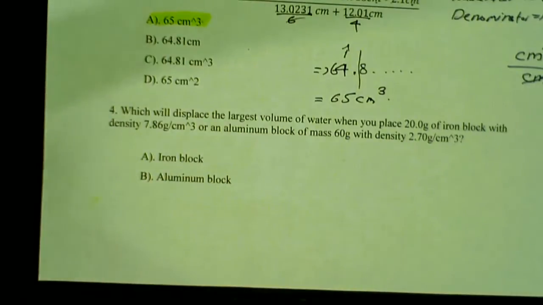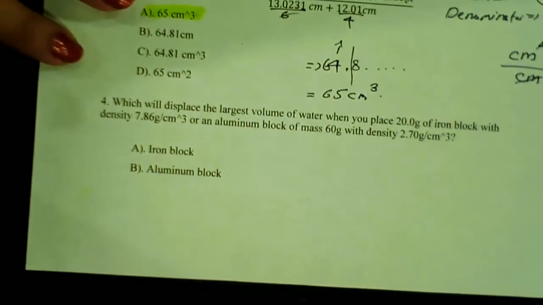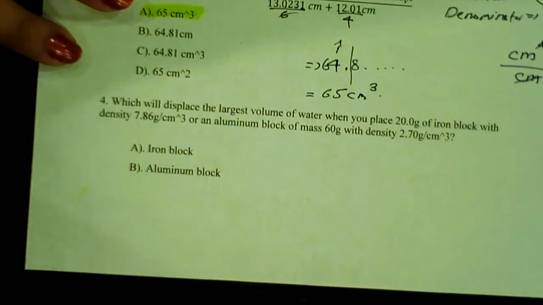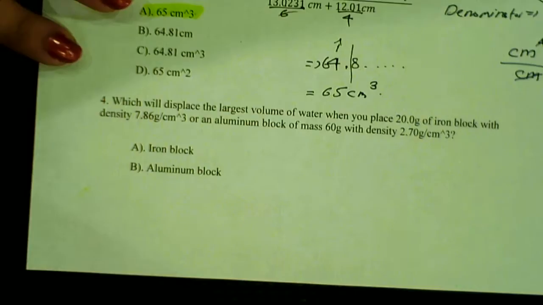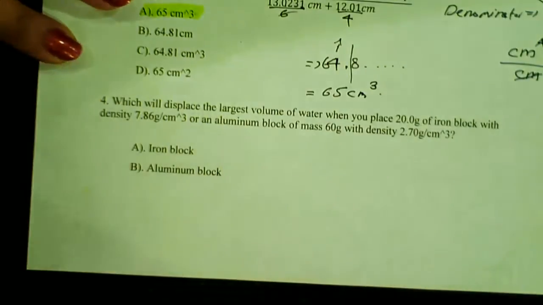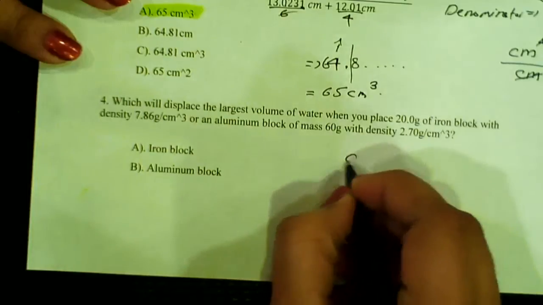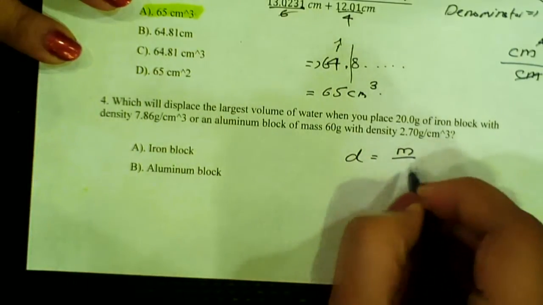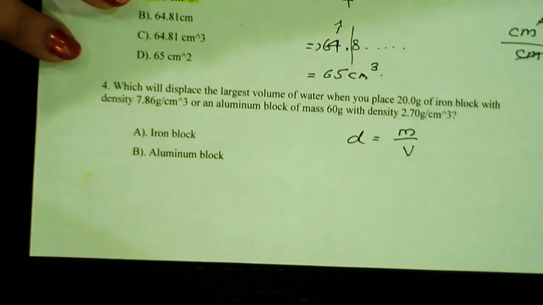So the next question: which will displace the largest volume of water when you place a 20.0 gram iron block with density 7.86 gram per centimeter cubed, or an aluminum block of mass 60 gram with density 2.70 gram per centimeter cubed? We are given the density and the mass, and the relation between them is density equals mass over volume, right?